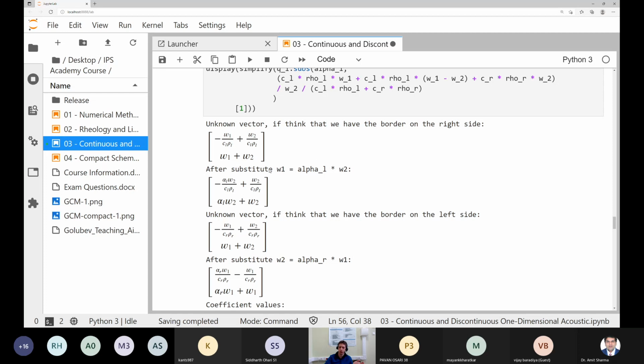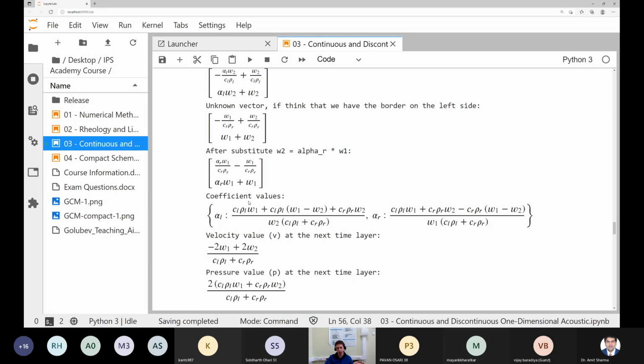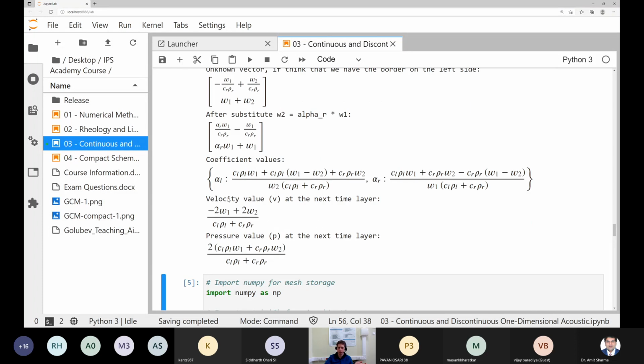Then I substitute the unknown value alpha left. Here the same for the right part, and again substitute, and the coefficients will be found with this big formula. So we can update the velocity and the pressure at the next time moment easily.